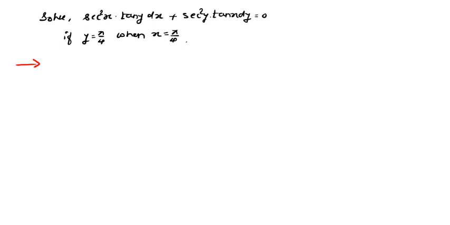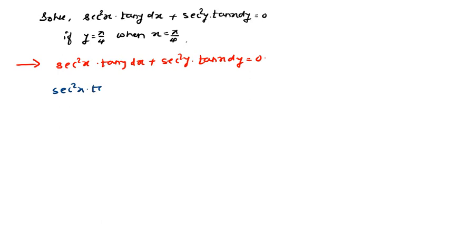So we will rewrite this as sec square x tan y dx plus sec square y tan x dy is equal to 0. Okay, now if we observe, what will happen? We can write this as sec square x tan y dx is equal to, take this term to the RHS, this will be minus sec square y tan x dy.